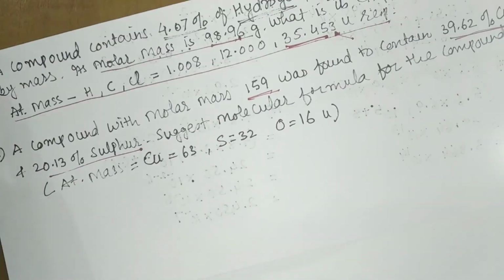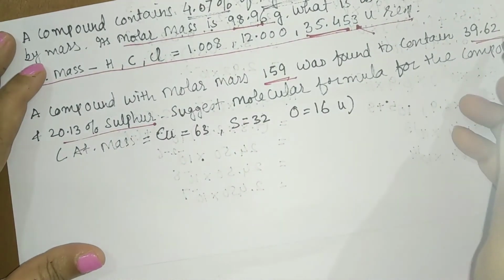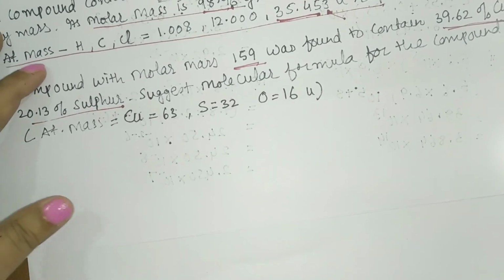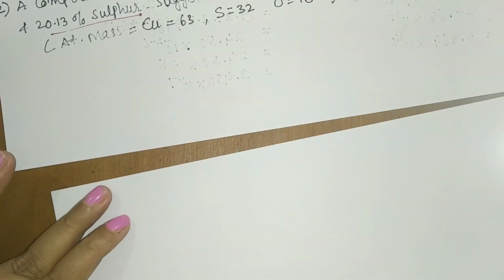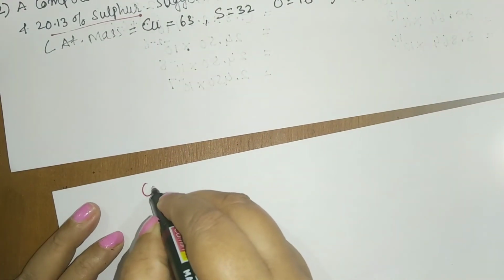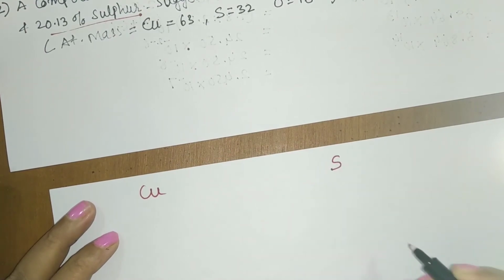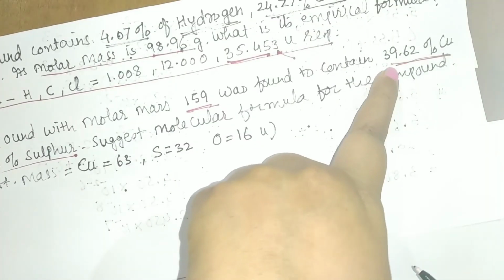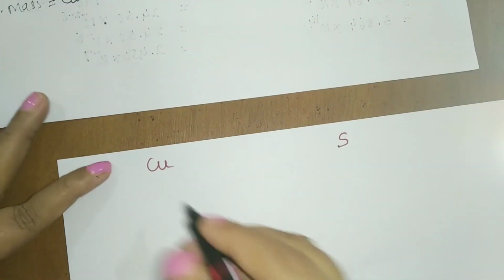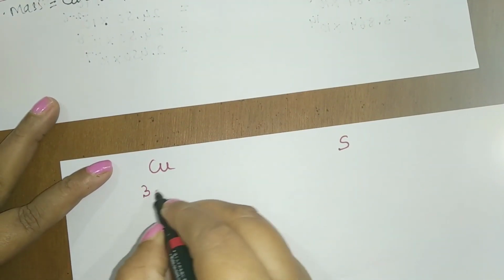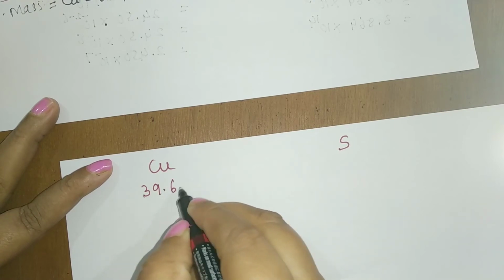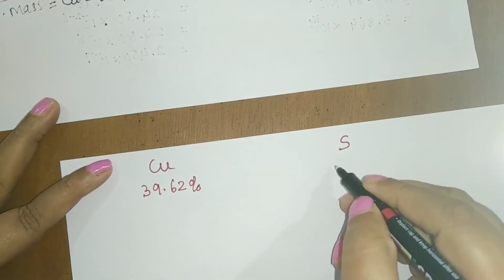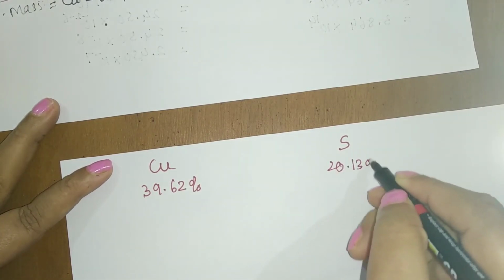If I see the problem, there are only two elements given, and they are copper and sulfur. So let us write down copper and sulfur. What is the percent they have given? Copper is 39.62%, and sulfur is 20.13%.